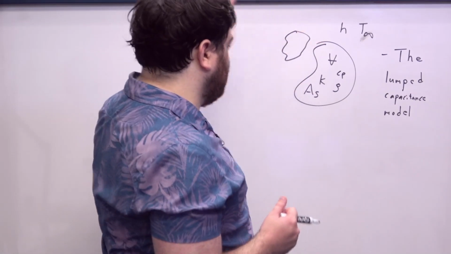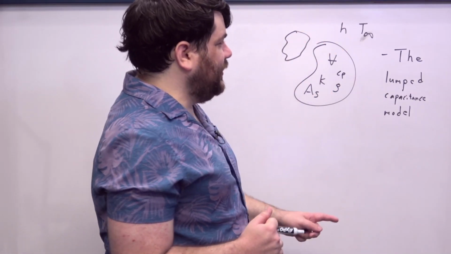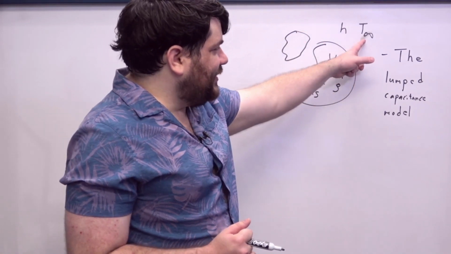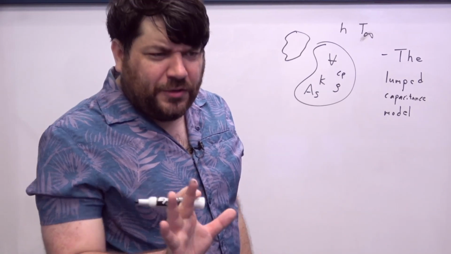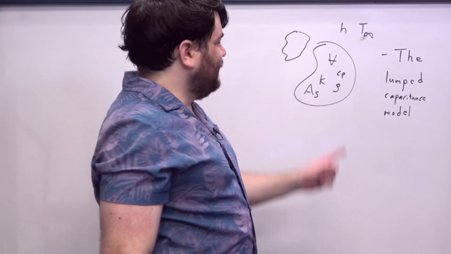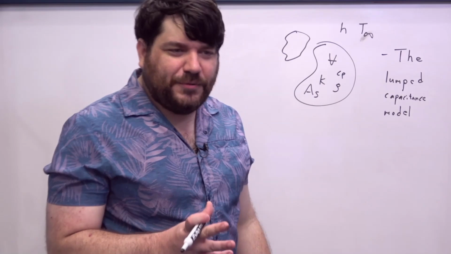Okay, so we're going to assume that this is just a very, very large liquid with constant temperature T infinity. And so the only thing that we want to track is the temperature of this solid object over time.